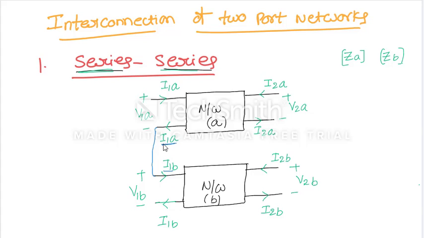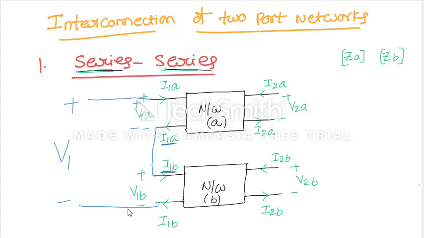I1A and I1B are the same. This is the supply for the whole thing. If I call this whole voltage V1, it is this voltage plus this voltage, isn't it?